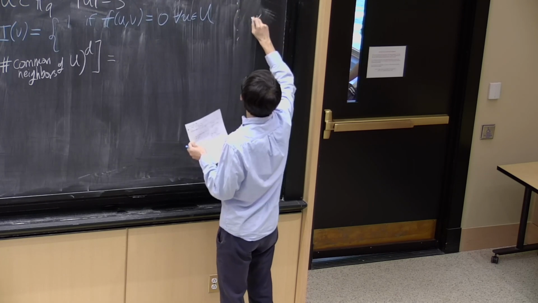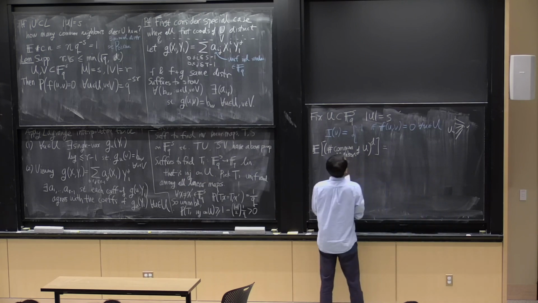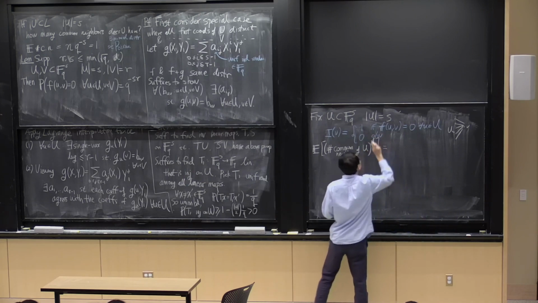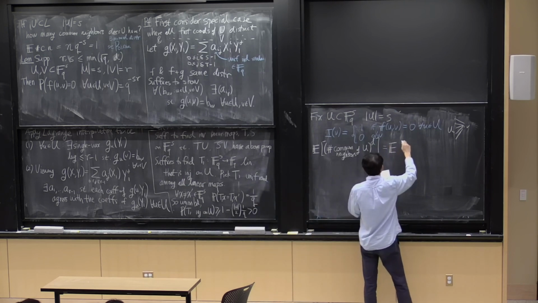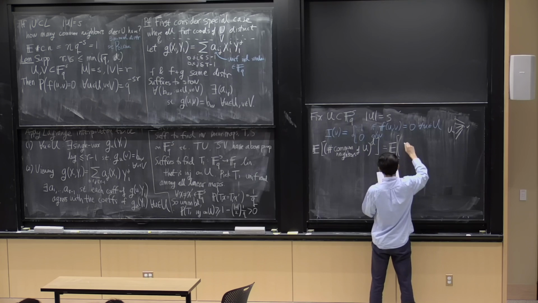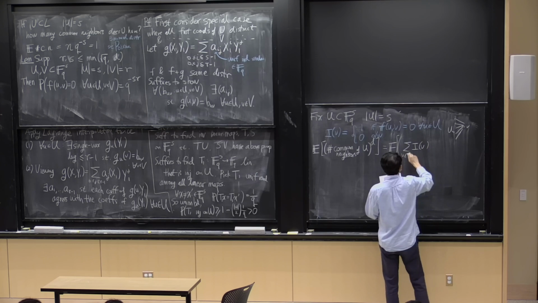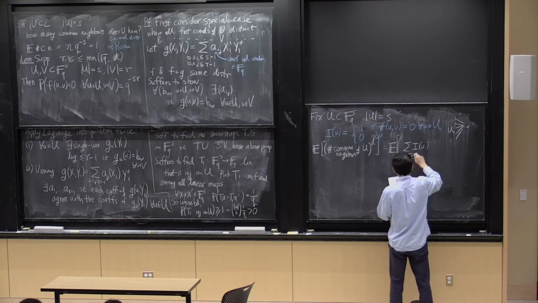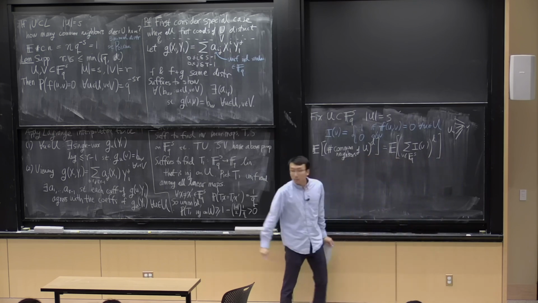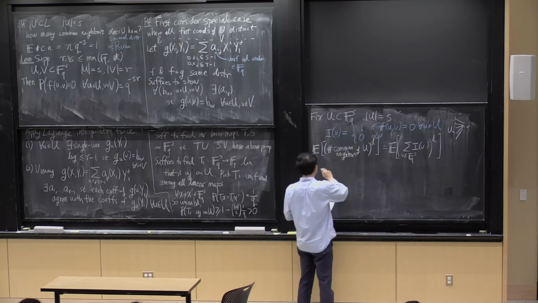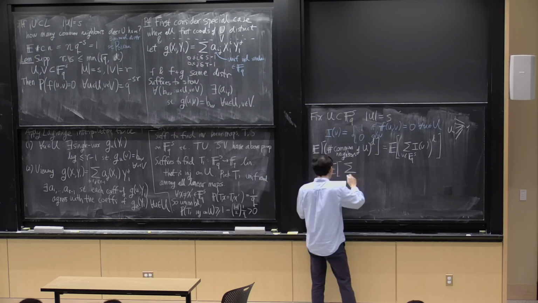It's 1 if v is a common neighbor for U, and 0 otherwise. Then the number of common neighbors is simply the sum of this indicator as v ranges over the entire vertex set, and I can expand the power of the sum. Again, all of these are standard things to do when you're trying to calculate moments.